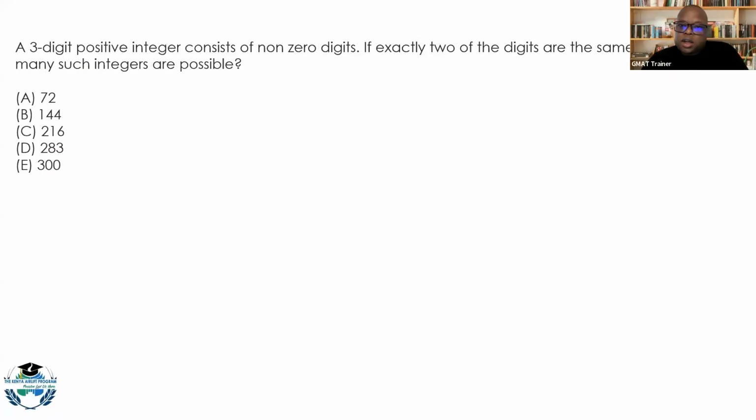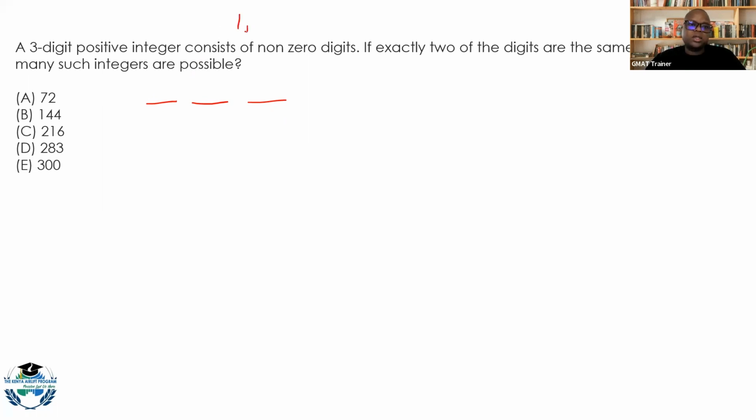This question asks: in how many different ways can you have a 3-digit positive integer in which 2 of the digits are the same? That is what we're being asked. So we have 3 positions in a 3-digit integer, and the digits are non-zero, so we're looking at 1 to 9. 0 isn't there.